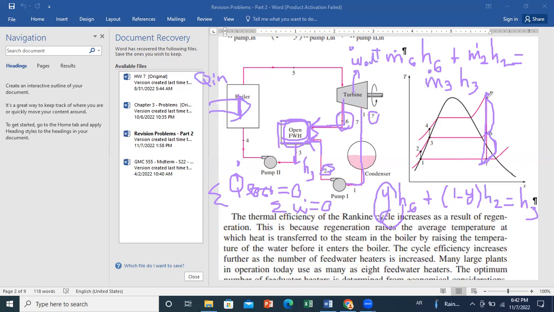From 5 to 6, the first part of the flow rate will undergo only expansion from 5 to 6, while 1 minus y will undergo expansion from 5 to 7. So you should add the two outputs at the turbine level. And you have Win for pump 1 and Win for pump 2.